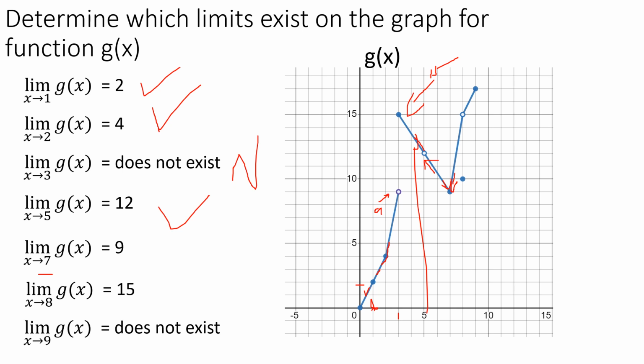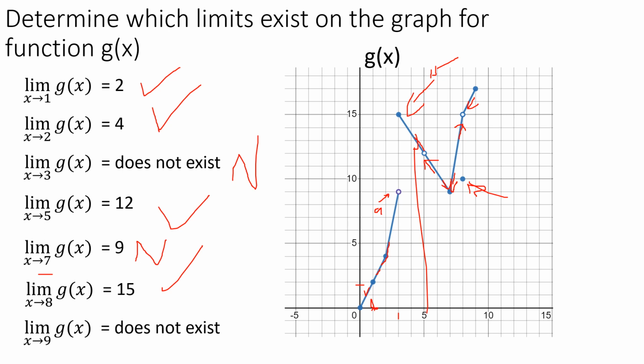So this is not a limit, and I'll explain that in more detail. X equals 8. This is interesting. This is a limit. As x approaches 8, from the left it approaches 15. From the right, it approaches 15. There's a hole, but we're approaching it. I didn't say when x equals 8. When x equals 8, I get this. But as x approaches 8, it equals 15. So that is a limit.